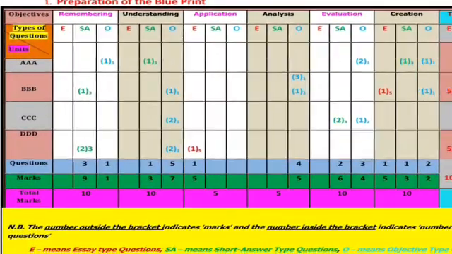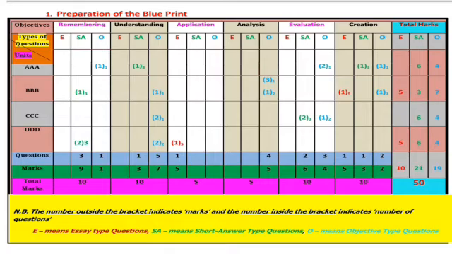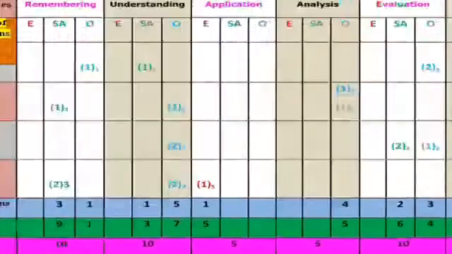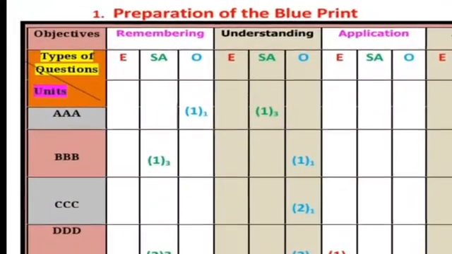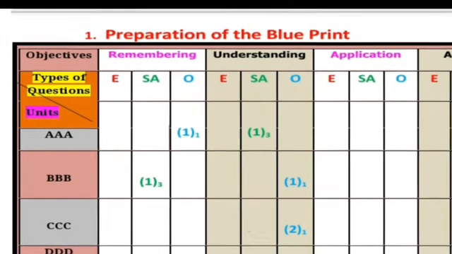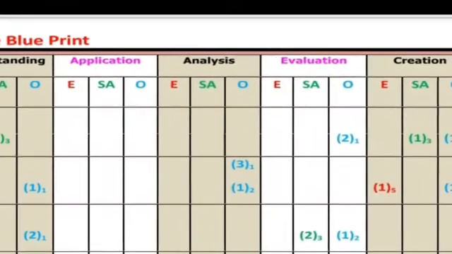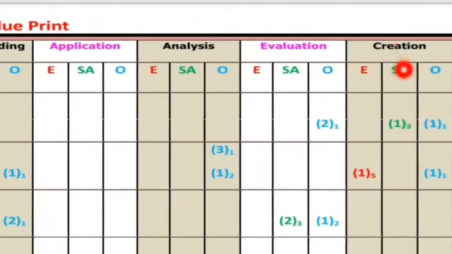Alright, now this is what you will have to prepare. Okay, this is what is required for you all. Now just enlarging it for you to see the objective parts. Okay, these are the objectives, as I said: remembering, understanding, application, analysis, evaluation, creation.